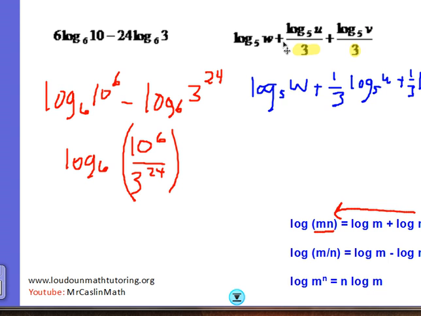Okay, so all I did was take this out of fractional form and make these the multipliers.